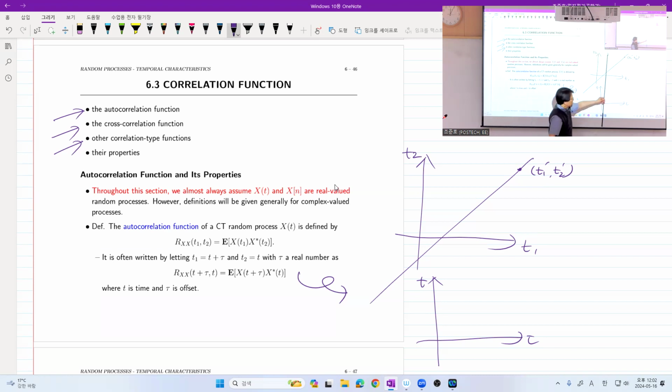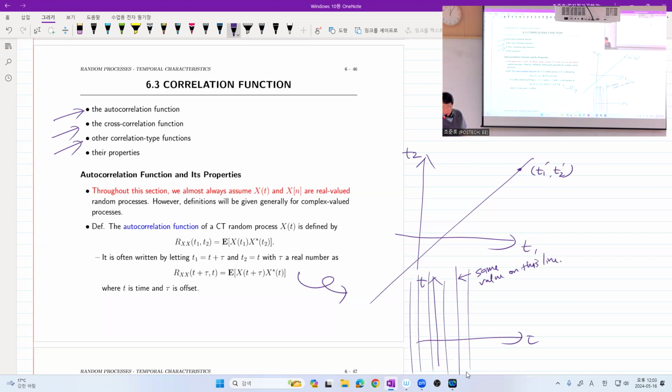So you draw straight lines with infinite slope and say that, hey, same value on this line. Something like that. Got it? Of course, different lines may have different values. Of course, not exactly, because of the structure of this one. If you have propriety, then you have conjugate symmetry, and so on. But anyway.